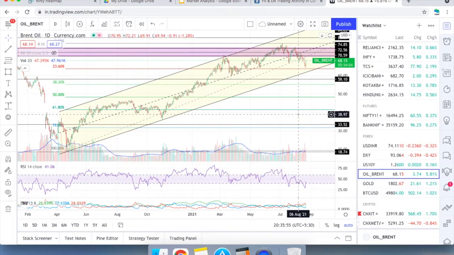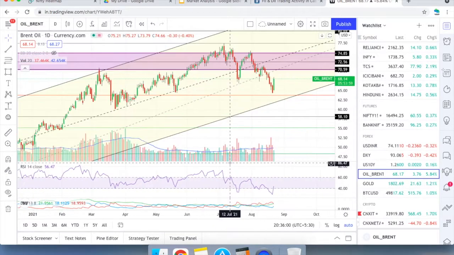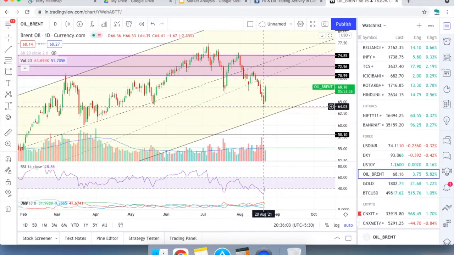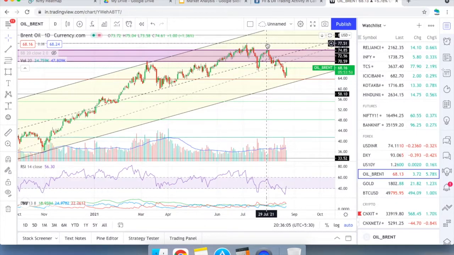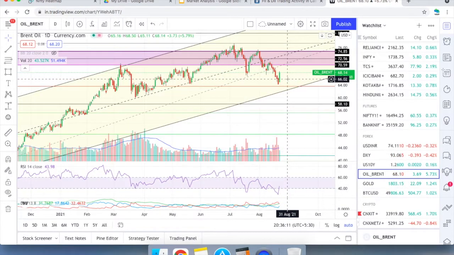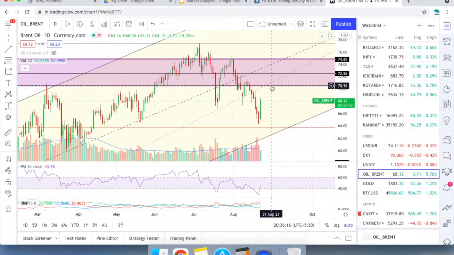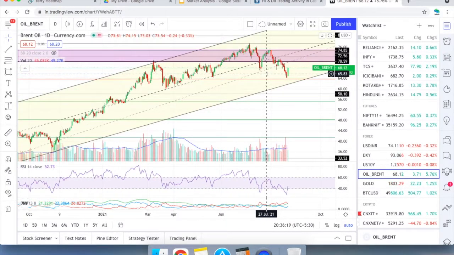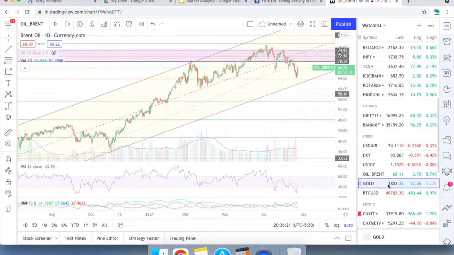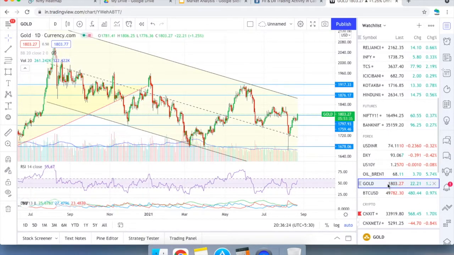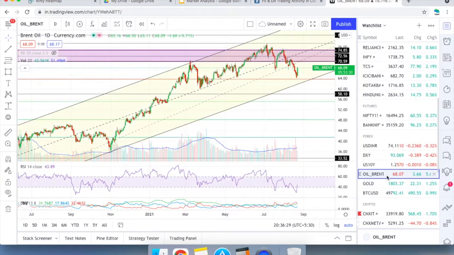This is the fib 23 on the last swing, the COVID swing, the April 2020 swing. It hit the $77 levels, then retraced and corrected to the 23 fib level, and then bounced from there. So this seems to go further up and then halt at the 70 levels, because that is a major resistance zone. That is good for our markets if the oil prices are coming down. As long as it stays below 70, it's good.